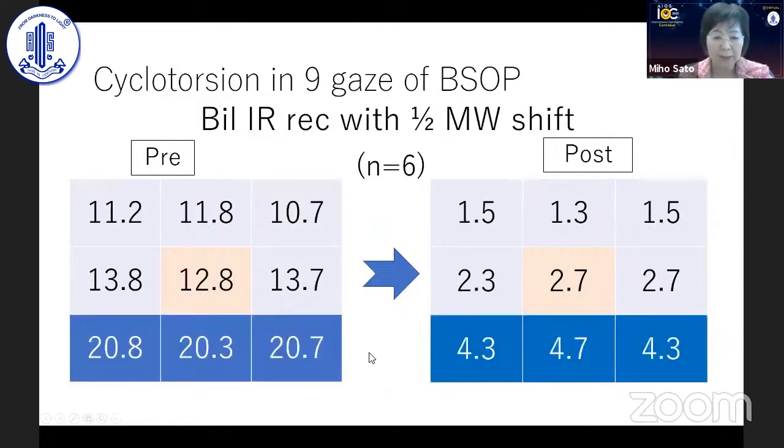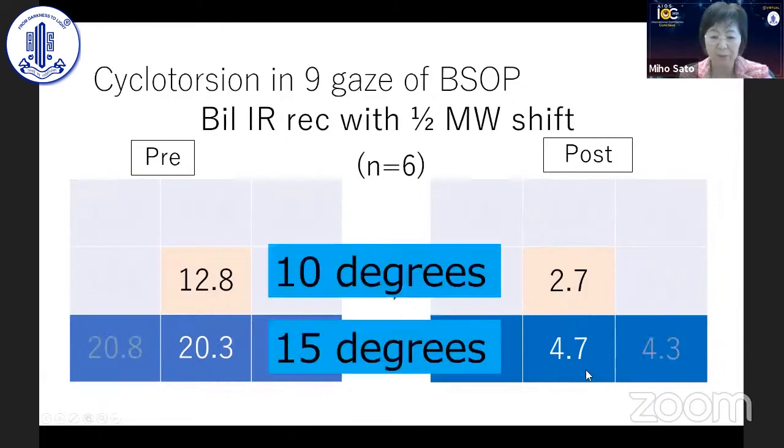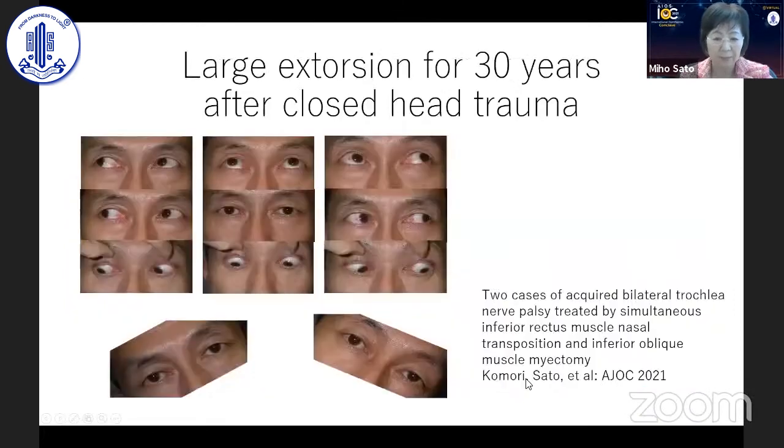We performed bilateral inferior rectus muscle recession with a half muscle width shift. Post-operatively, the cyclotorsion decreased to 2.7 in primary position and 4.7 in down gaze. That means this technique had an effectiveness of 10 degrees in primary position and 15 degrees in down gaze.